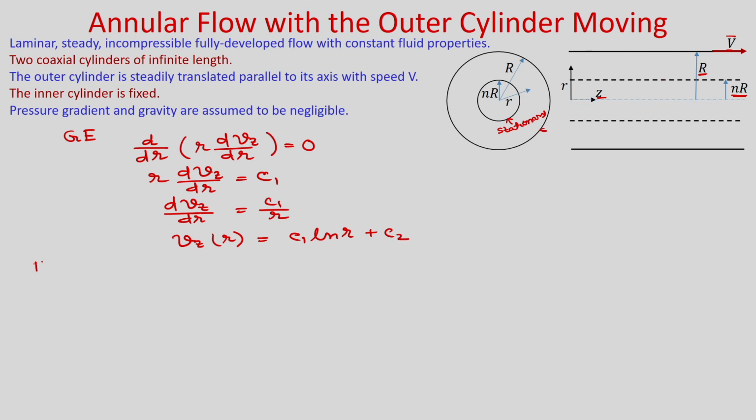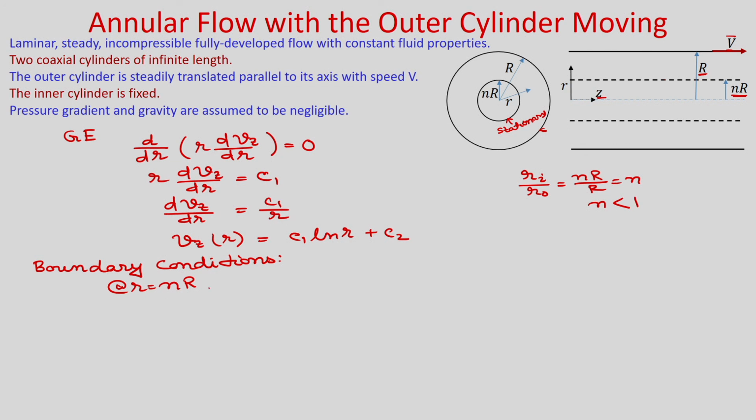And what are the boundary conditions? In this case, the inner cylinder radius divided by the outer cylinder radius is nR by R, that means n, and n obviously is less than 1.